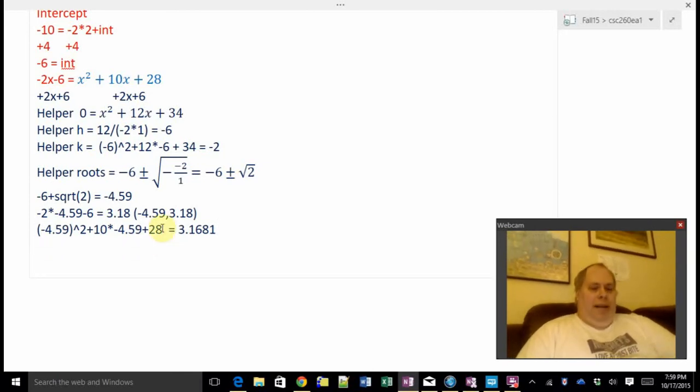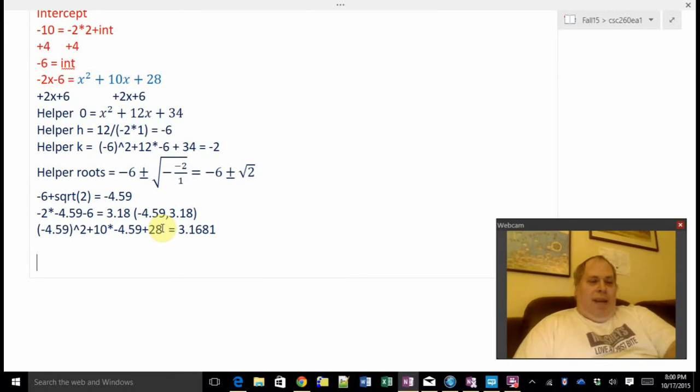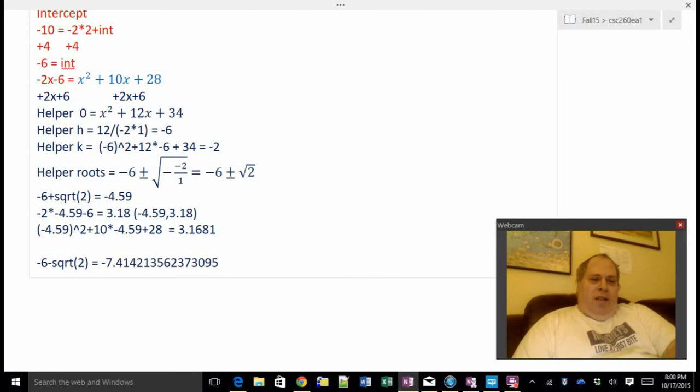Let's get the other answer, and let's try not to make errors this time, because it's me that I'm talking to, but that's okay. Negative 6 minus square root of 2. Aside from typos, I'm going to make those no matter what. And this is saying about negative 7.41. Round that to 2 places again.